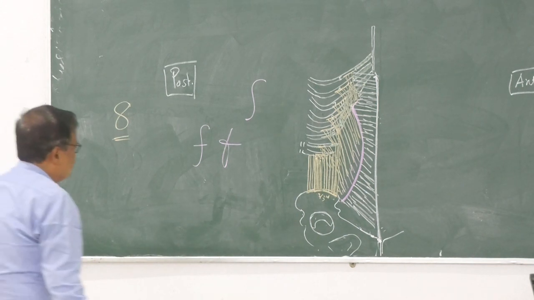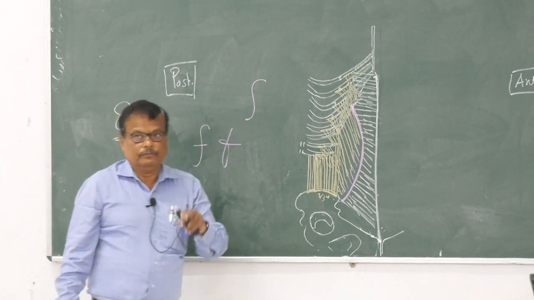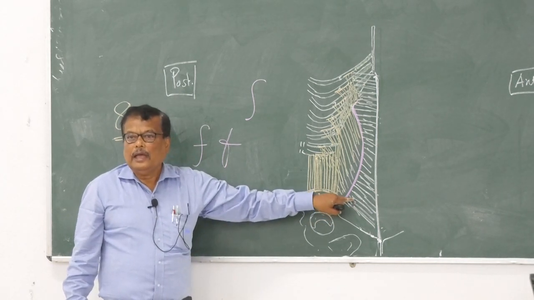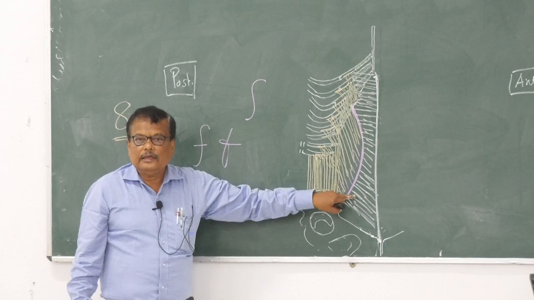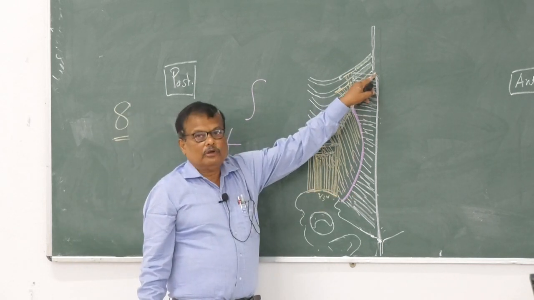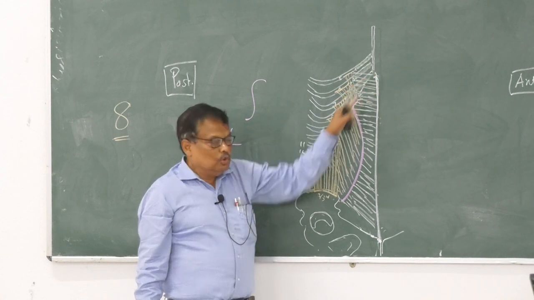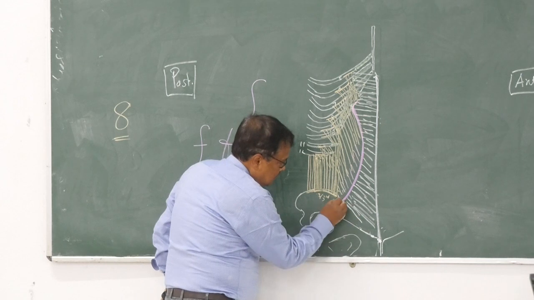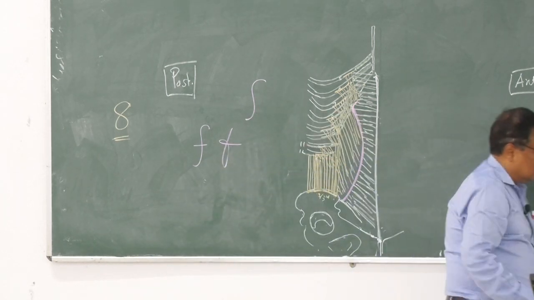At the lower border of the rectus sheath, listen very carefully, this aponeurosis, what name have I given it? Aponeurosis of the external oblique. Upper border where? Xiphoid process. Lower border, it becomes rolled down.